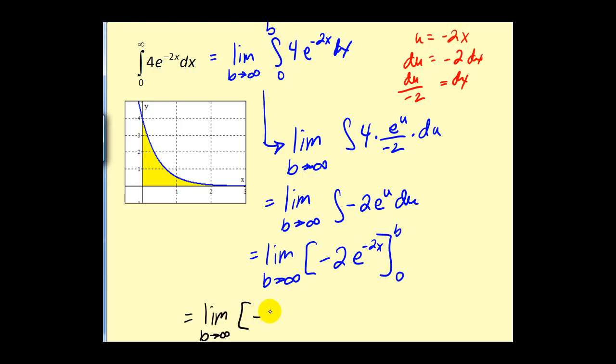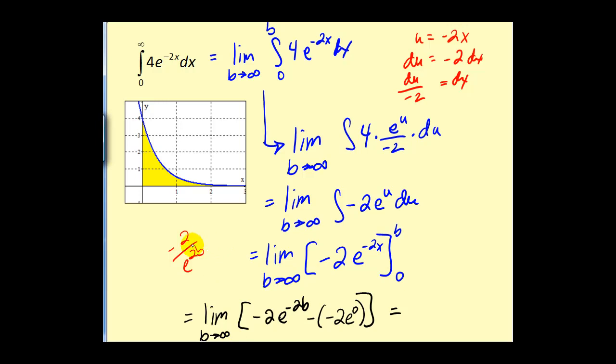So we'd have negative 2 e to the negative 2b minus negative 2 times e to the 0. So now we need to find this limit. Looking at this first term, this is the same as having negative 2 divided by e to the power of positive 2b.